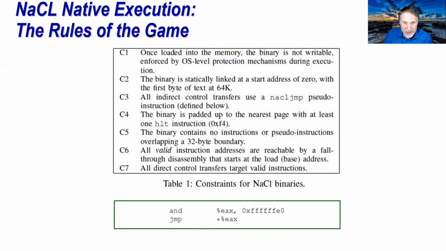For example, in the Native Client execution, they can do reachability analysis on the code, and they can figure out what are all the possible code sequences that could be generated using clever attacks, and do any of those possible code sequences do any illegal activities.